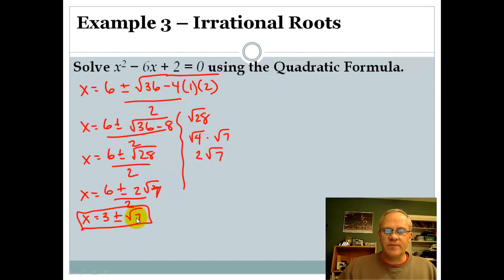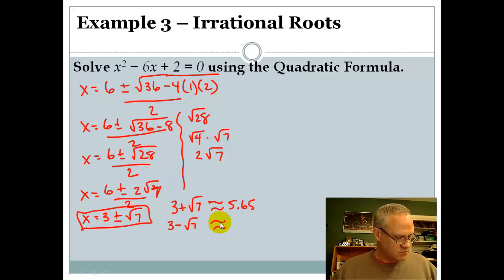However, you could also, if you wanted to approximate the roots, you could just type that in your computer or your calculator, type in 3 plus the square root of 7 equals, and it would tell you this would be approximately 5.65, and 3 minus the square root of 7 would be approximately 0.35.